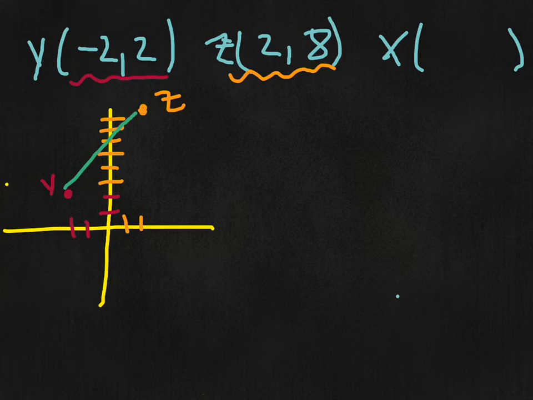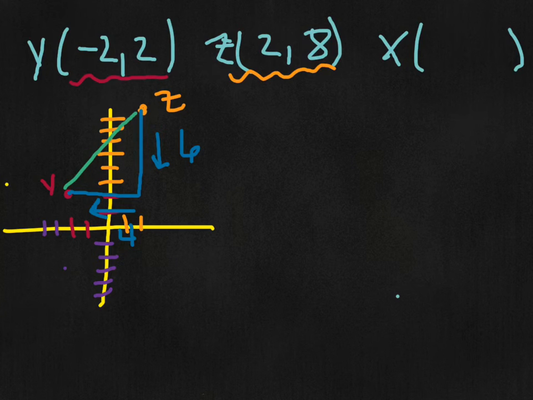To do that, all you have to do is count down and over. We went down 6, and we went over to the left 4. Well, starting at the endpoint, you just count down 6. So 1, 2, 3, 4, 5, 6. We'll end up right there. And then count over 1, 2, 3, 4.